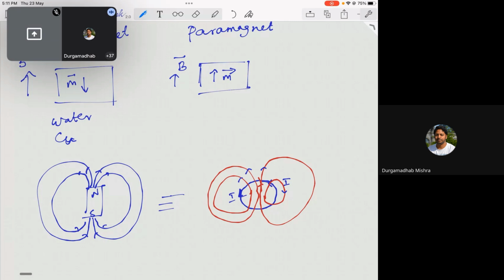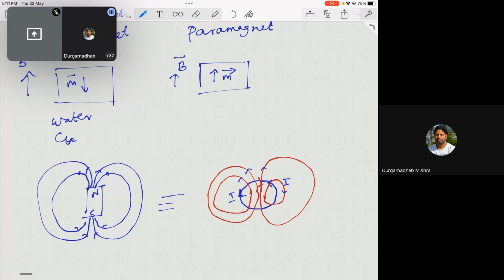An electron orbiting around is similar to a charged particle moving in a circular path, let's say, although we know this is not correct. But a classical picture would be that an electron is moving in a circular orbit, the Bohr orbit, around the nucleus.